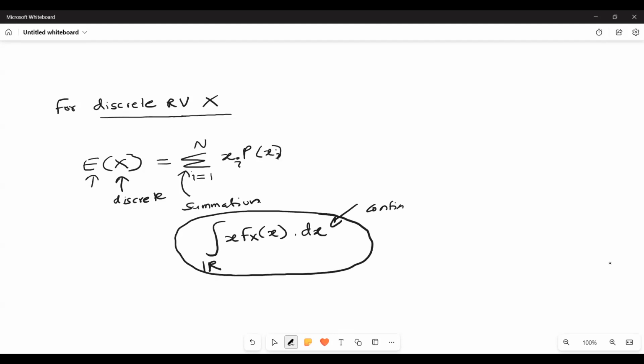So the difference between the discrete random variable and the continuous random variable, as you can see, is basically having this summation here, and then multiplying the random variable value xi with its probability of happening, p(xi).